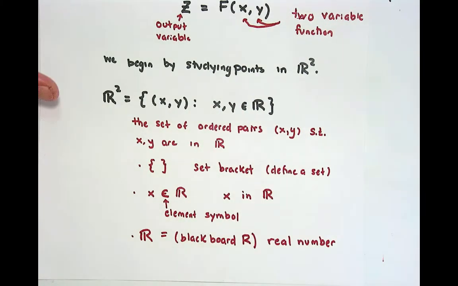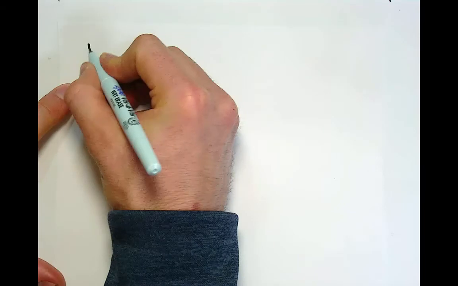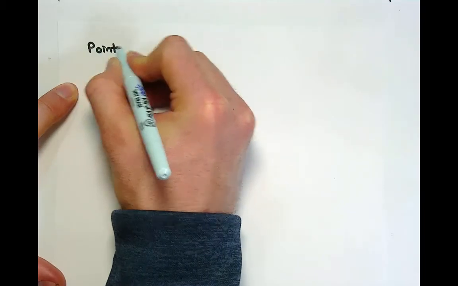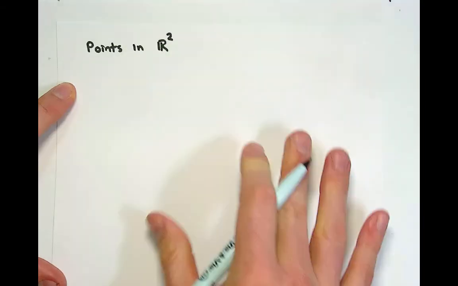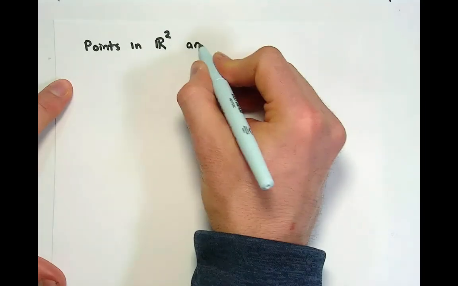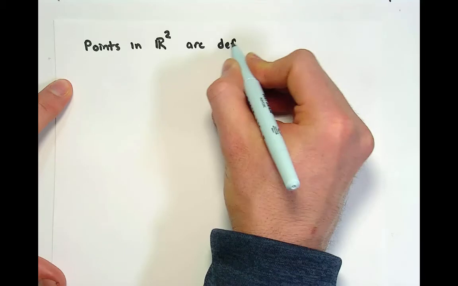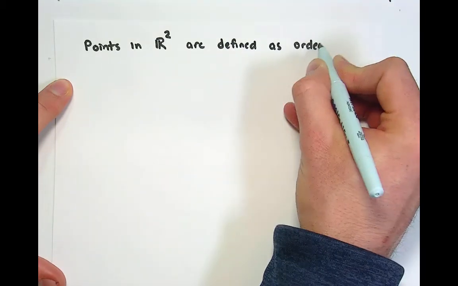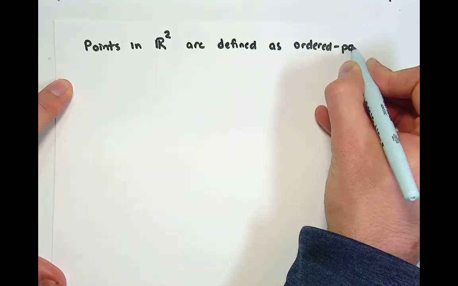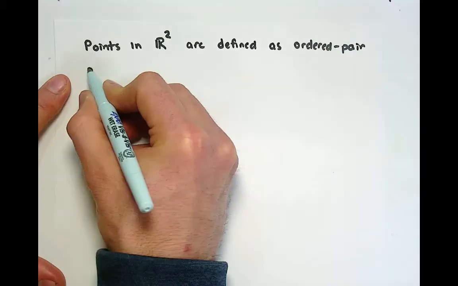Okay. When we look at a point in R2, these are defined as ordered pairs of real numbers.